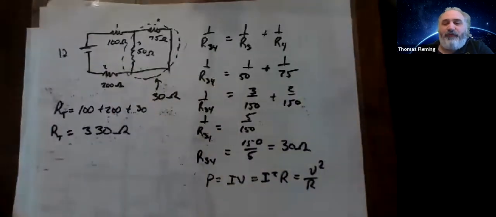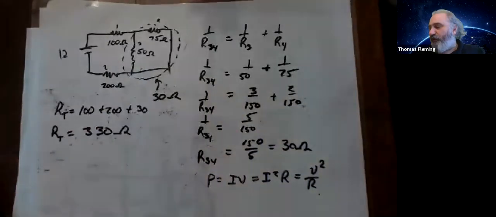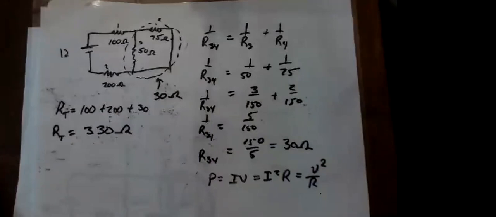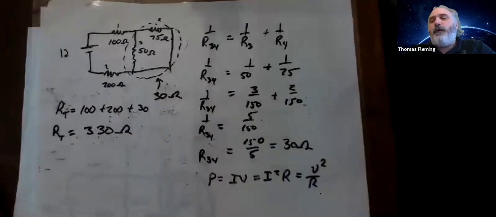Aha, V is 12. And R is 50. So they'll go 12 squared divided by 50 and get an answer, and it's wrong. How come? What are they getting wrong?